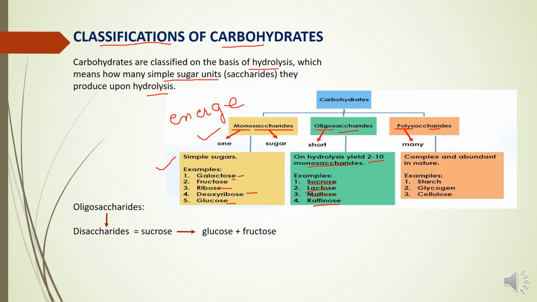If we talk about sucrose, when it undergoes hydrolysis, it gives two monosaccharide molecules, glucose and fructose. So we can say that sucrose is a disaccharide molecule. If any sugar gives two saccharide molecules, we say it is a disaccharide molecule, which is sucrose. Understand, students? It falls in the classification of oligosaccharides. We will study the classification of oligosaccharides further later.